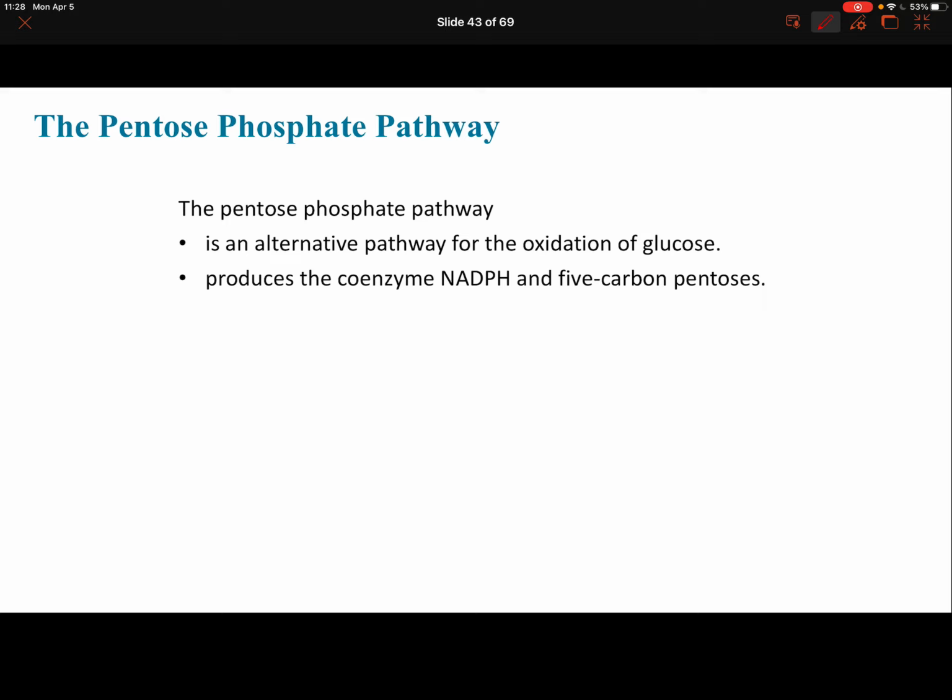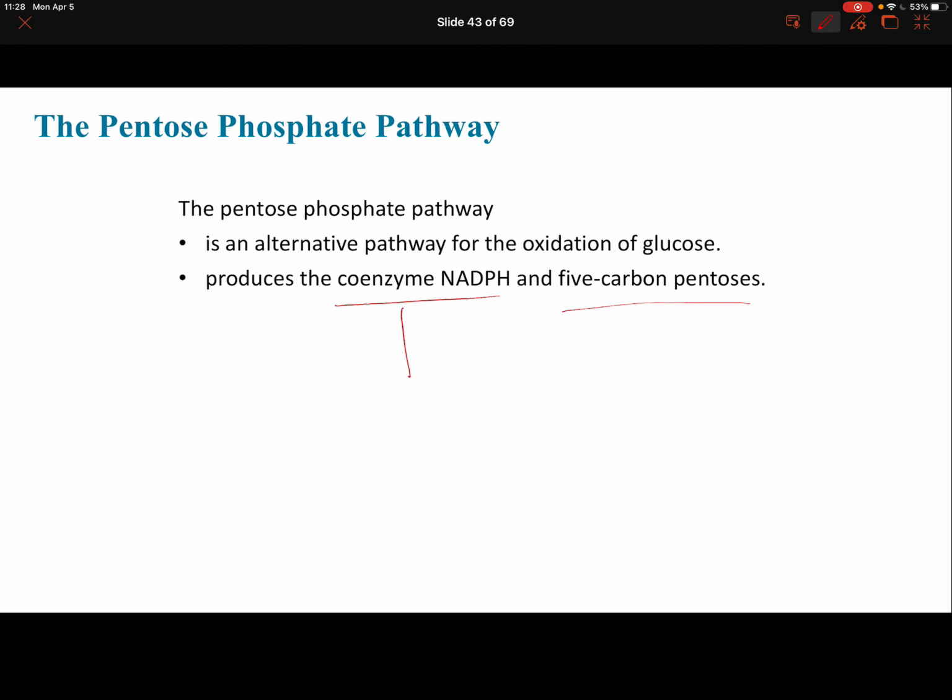Now there is a pentose phosphate pathway. This is a different pathway for glucose. So glucose wouldn't be oxidized for energy going into this pathway. It would actually be used to both produce the coenzyme NADPH and 5-carbon pentoses.